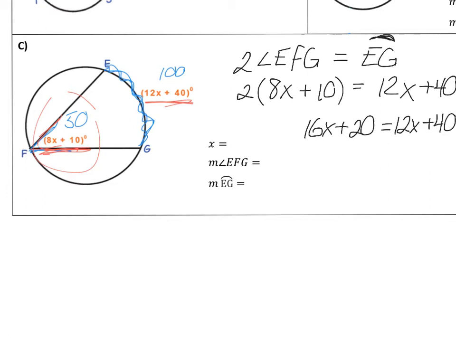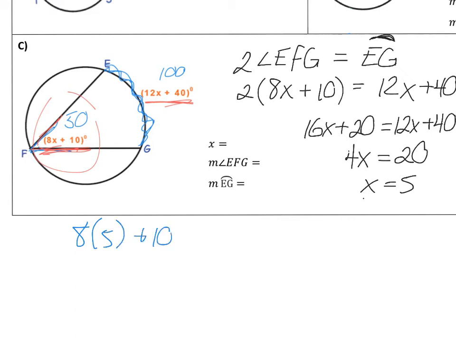Then once I combine my terms, we end up with 4x on the left, 20 on the right. I'm going to find that x is 5. But the last thing I need to do is actually plug it in. So I know I'm going to have 8 times 5 plus 10, which gives me 40 plus 10, which is actually 50.